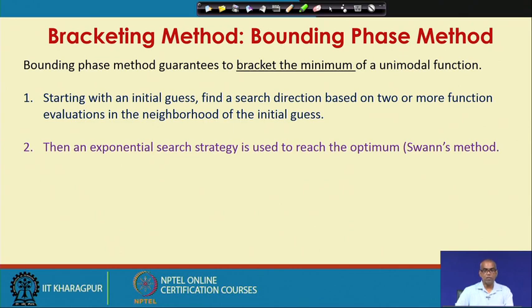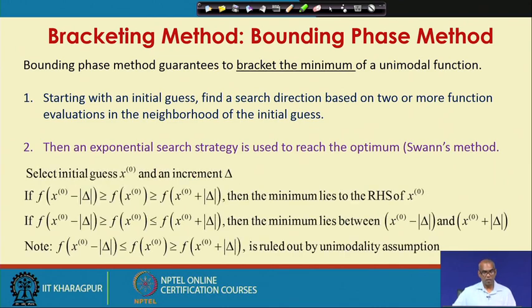So, in case of bounding phase method, we start with an initial guess, find a search direction based on 2 or more function evaluations in the neighborhood of the initial guess. Then an exponential search strategy is used to reach the optimum. You select an initial guess and an increment, let us call that increment as delta.